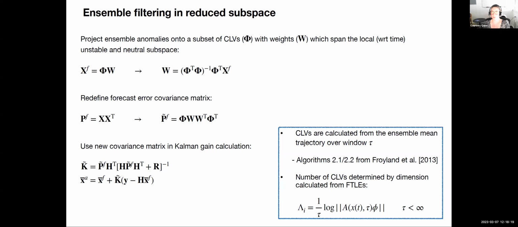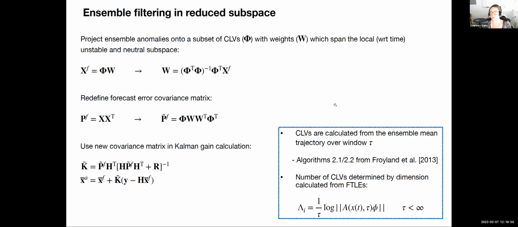So at a certain point in time, we ask what the important directions are, those unstable and neutral subspaces that we need to be capturing. So we've done a projection here, a redefinition of our analysis, our anomalies and our forecast error covariance matrix, and that translates into our Kalman gain calculation, right? Which is how much we trust our model versus our observations.